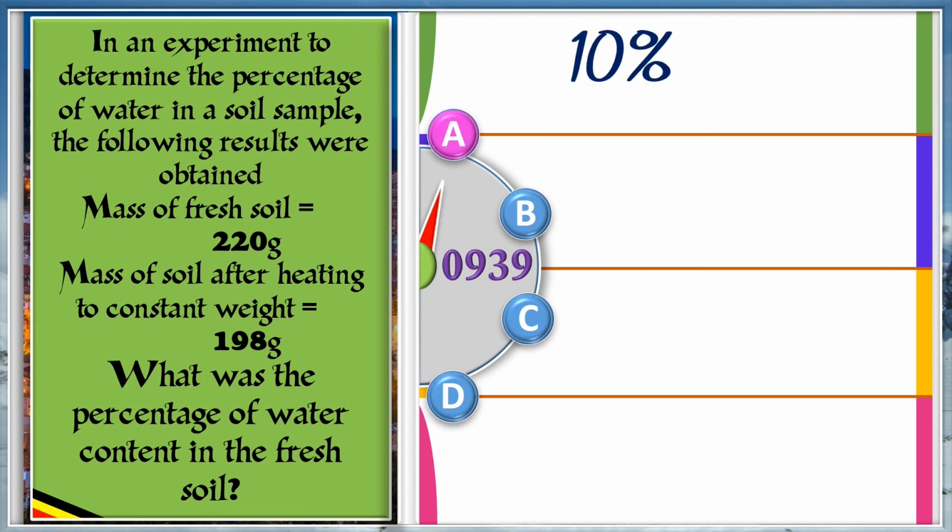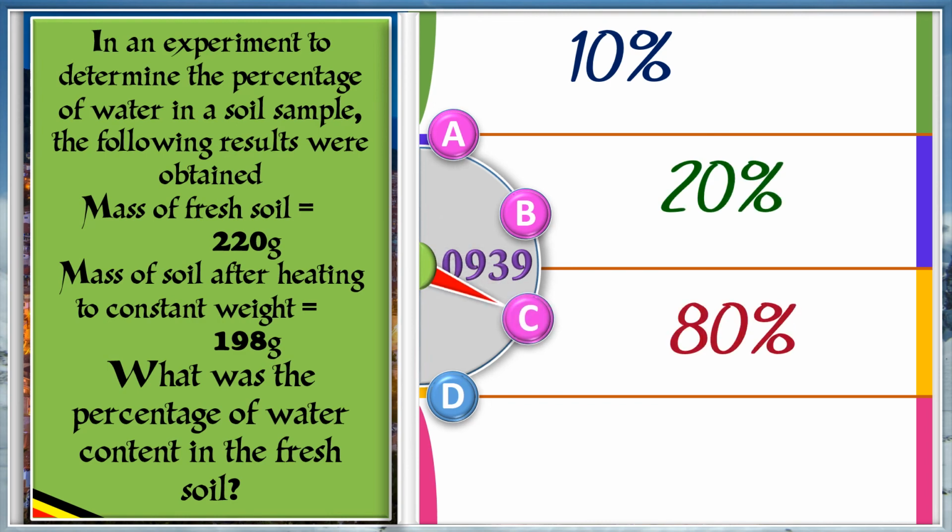A. 10%. B. 20%. C. 80%. D. 90%. And the answer is A. 10%.